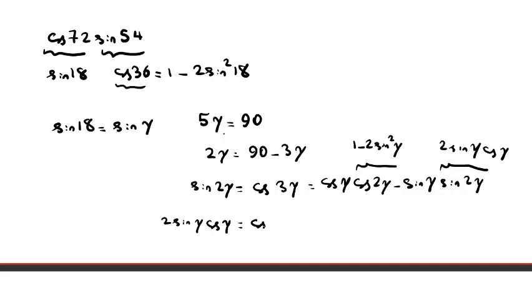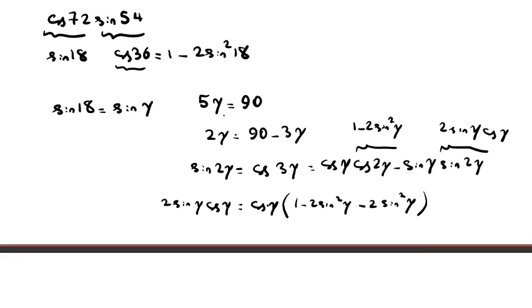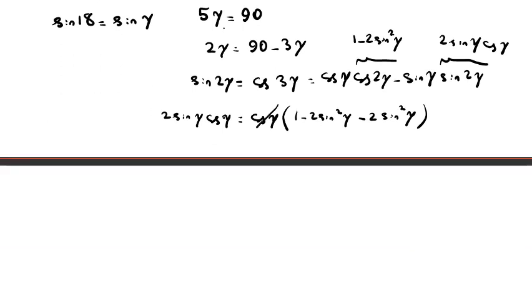So if we factor out cos gamma, we will have 1 minus 2 sine squared gamma, and for the other term it will be negative 2 sine squared gamma. Now because gamma is 18, cos gamma is not 0, so you can cancel it from both sides. So we have 2 sine gamma equals minus 4 sine squared gamma plus 1.